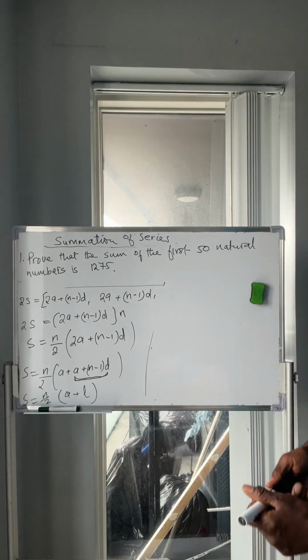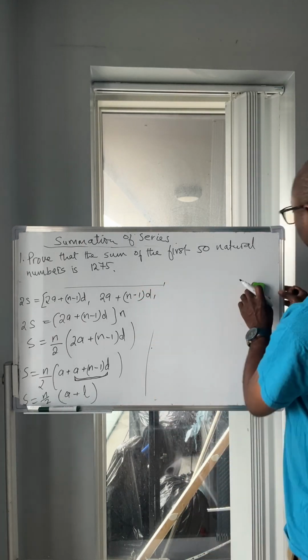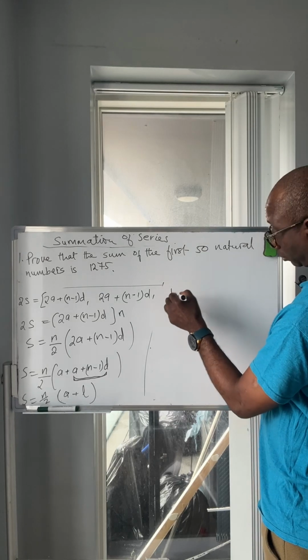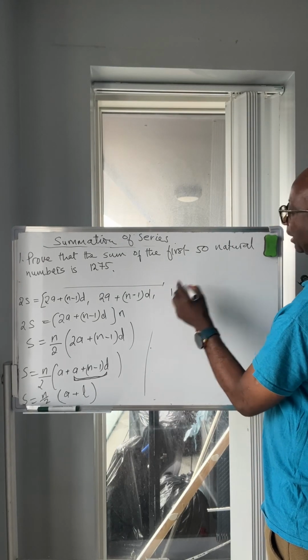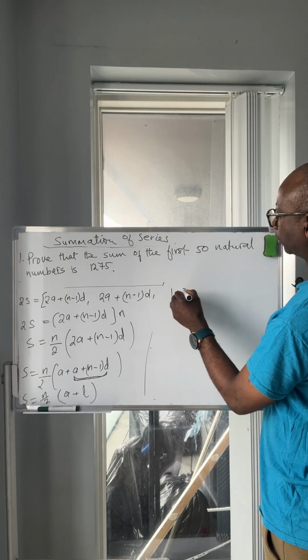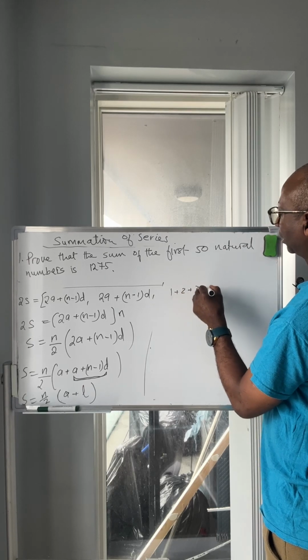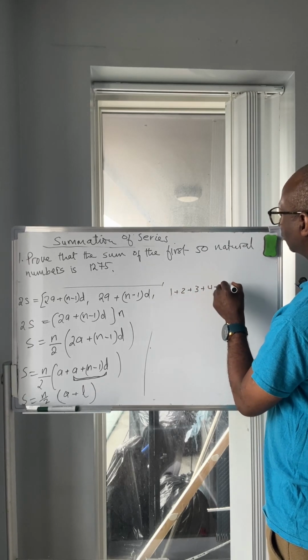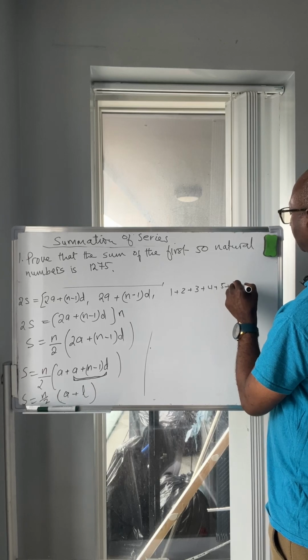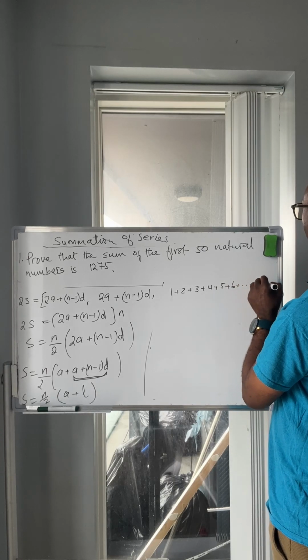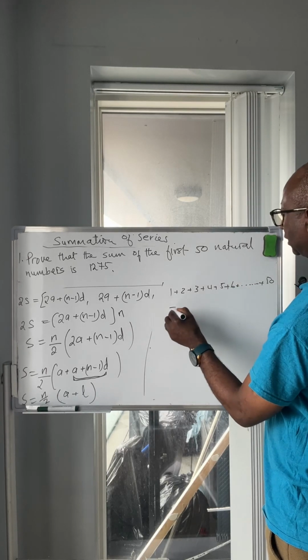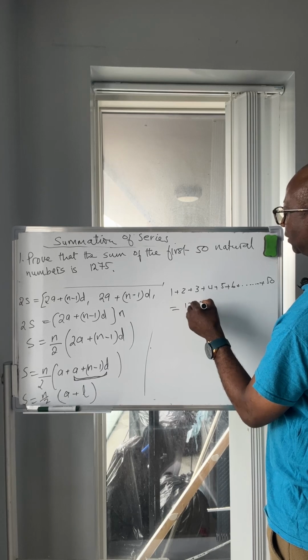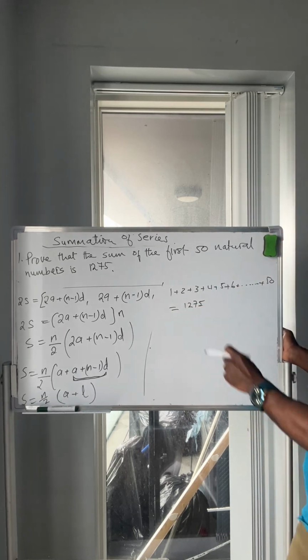In other words, they ask you to prove that 1 plus 2 plus 3 plus 4 plus 5 plus 6 and so on up to plus 50 is equal to 1,275. This is what you are asked to prove.